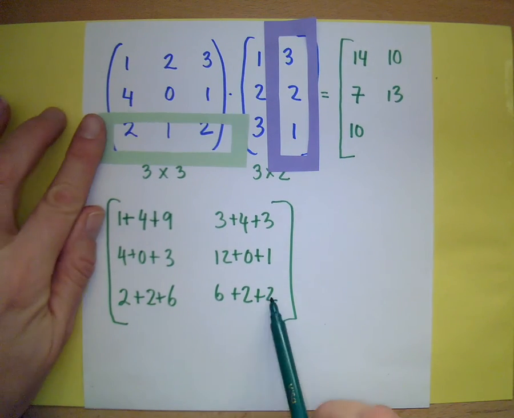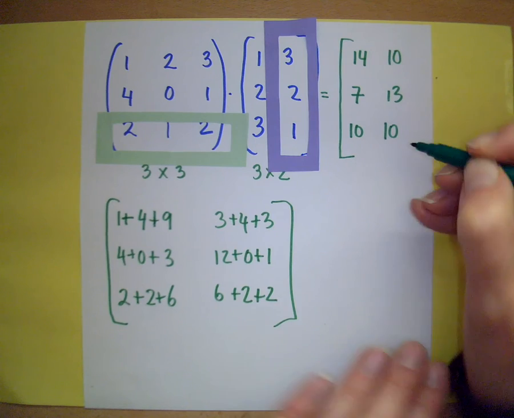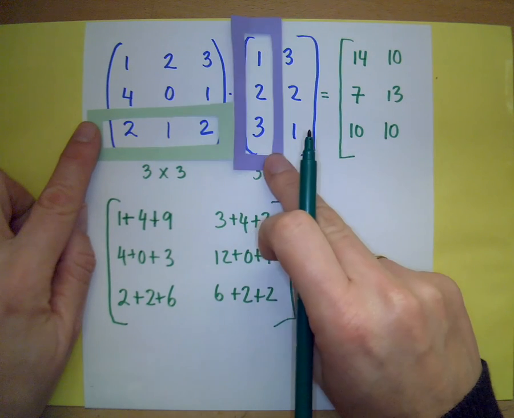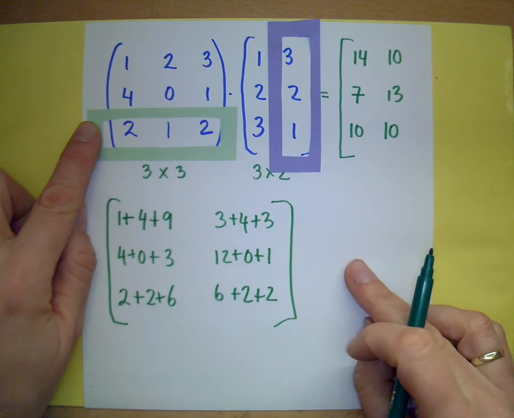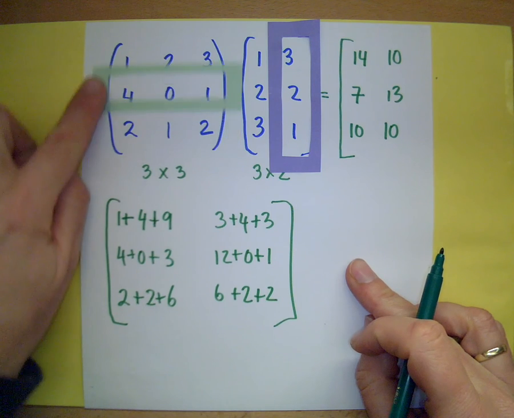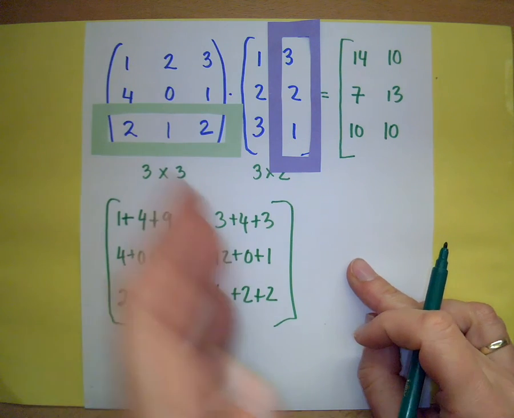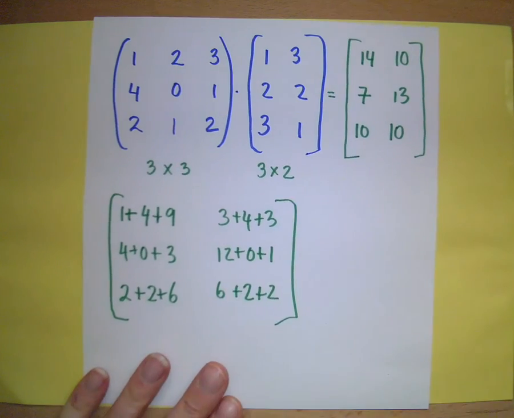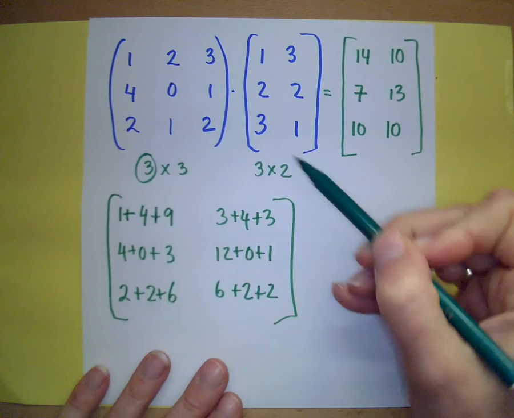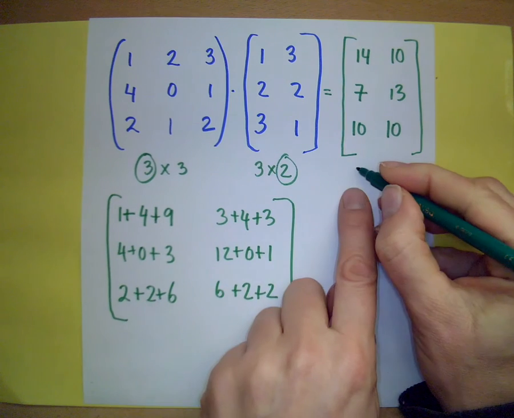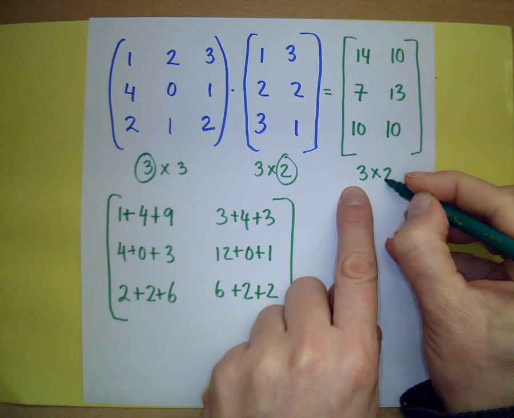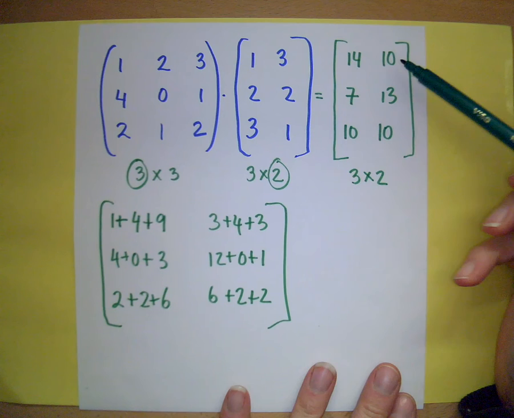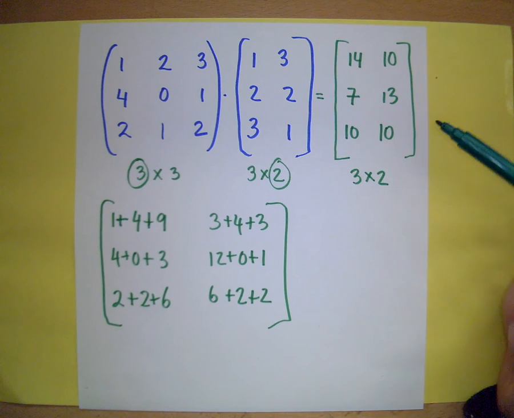These added up are 10. And we're done because we've moved through both our columns and we've moved through our rows twice, once for each column, right? And as you can see, these outside numbers tell us it's going to be a 3 by 2 answer, and that's what we got. All right.